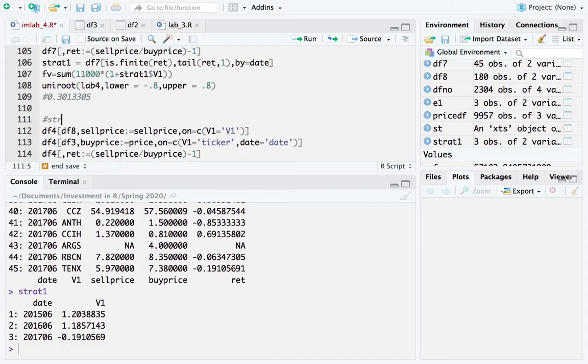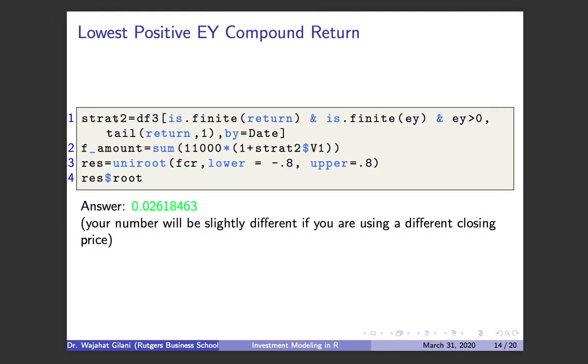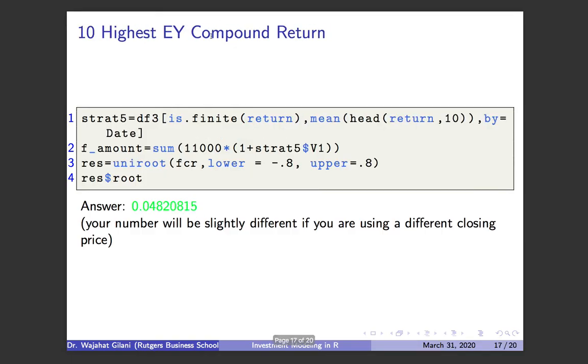All right, so now we're going to have to play a little trick here, guys. With strategy 5, we're going to have to use a little jujitsu in our functions.